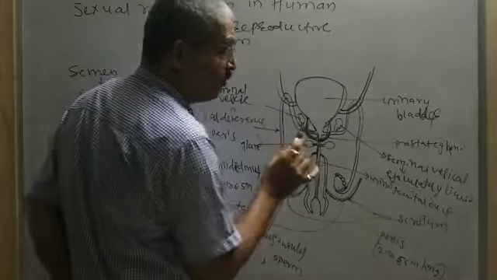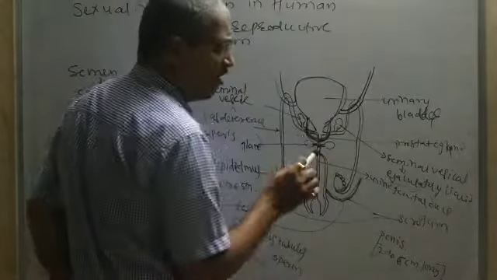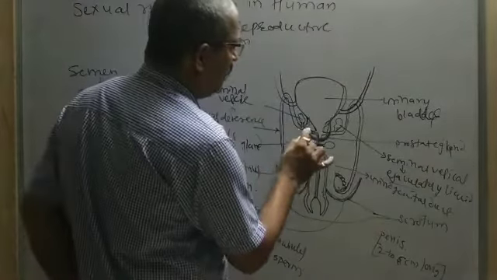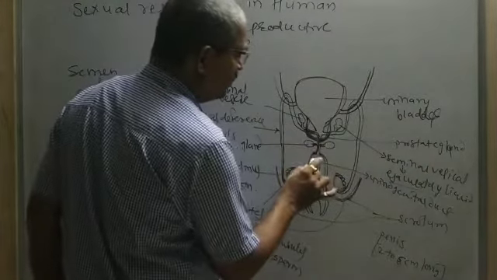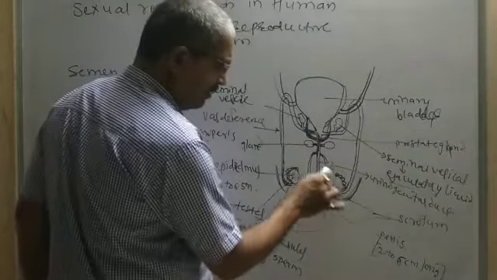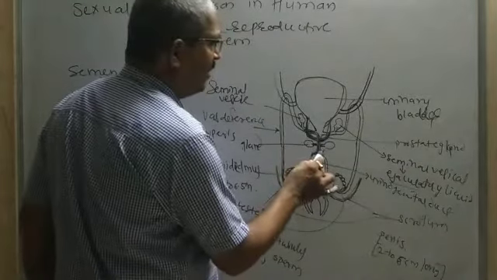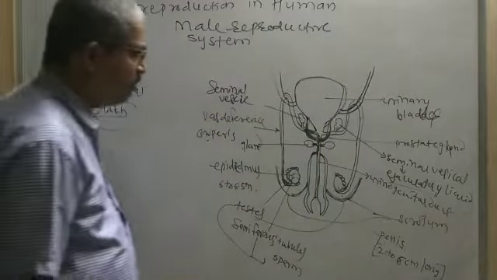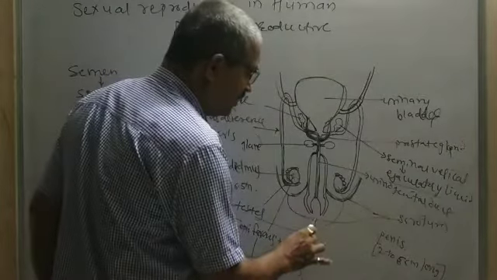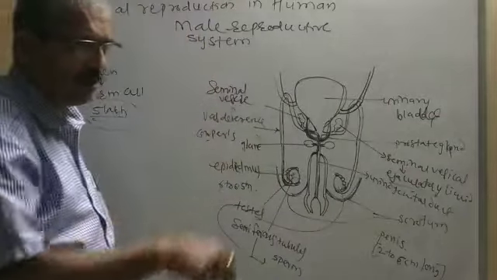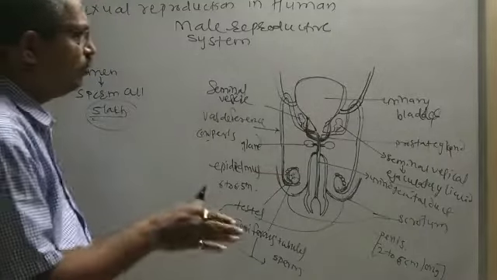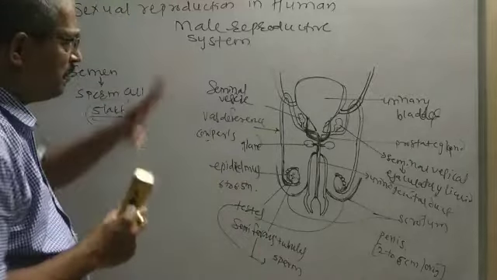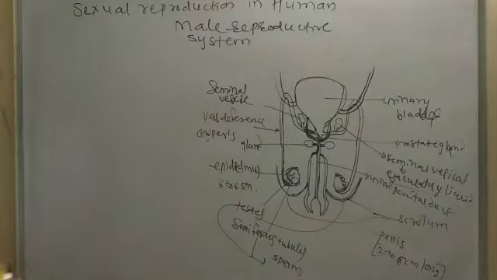Then it enters the urinogenital tract, where the Cowper's gland and prostate gland secretions come together, and through the penis it is given out into the female reproductive organ, the vagina. This is the male reproductive system.